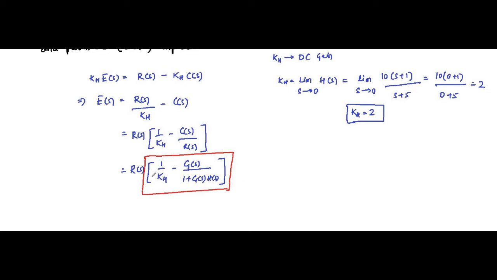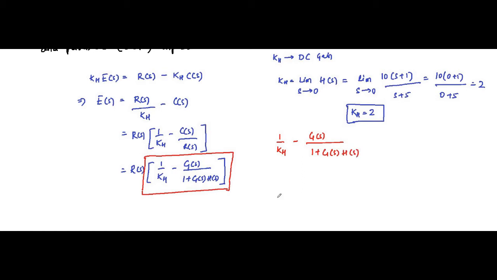When we find this out, then we can substitute R(s) with 1/s² for ramp input and 1/s³ for the unit parabolic input, and we can find out the error E(s). So first the important thing is to find out this much portion.